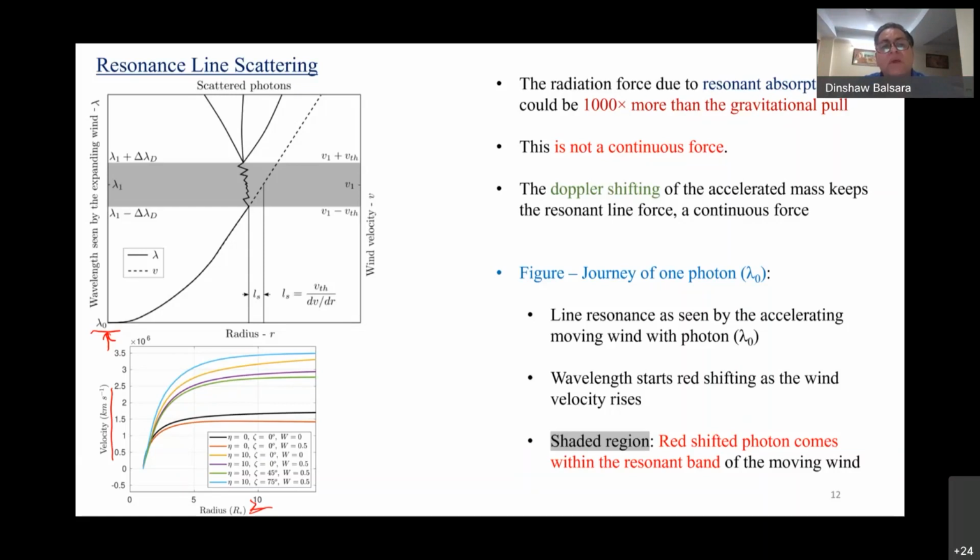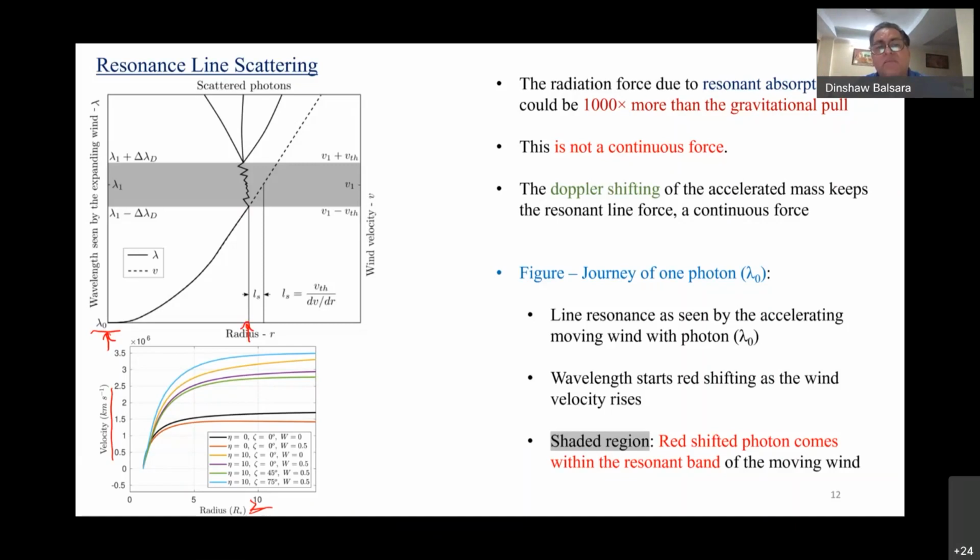It turns out that at some other radius in this wind, maybe at this radius out here, there's some line available which again gets Doppler shifted so that it can resonantly absorb the photon that is coming out from the star.